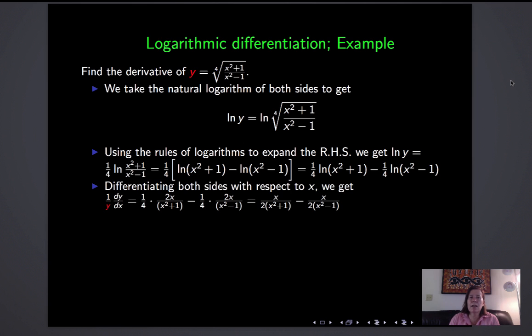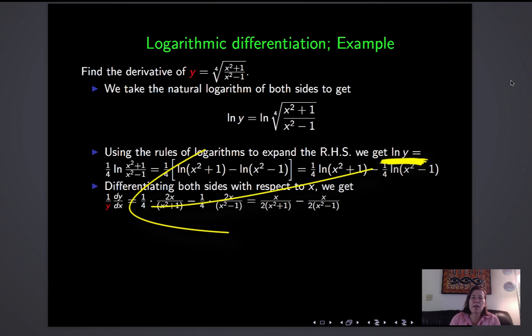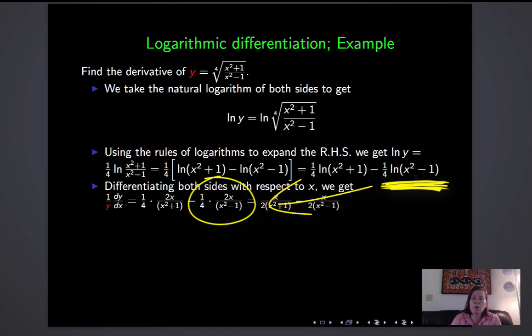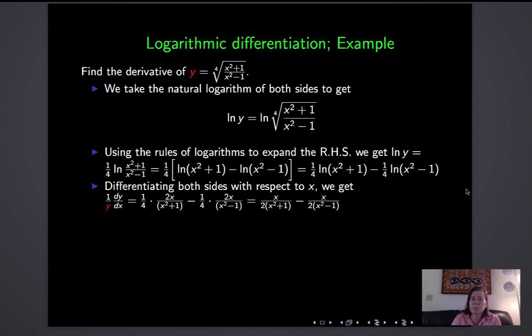Now we differentiate both sides with respect to x. So on the left-hand side, as predicted, we get 1 over y times dy dx. And on the right-hand side, we get 1 over 4 times 1 over x squared plus 1 times the derivative of x squared plus 1 minus 1 over 4 times 1 over x squared minus 1 times the derivative of x squared minus 1.